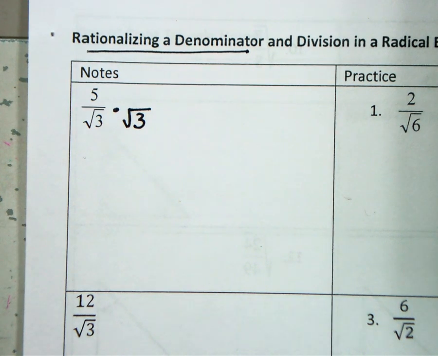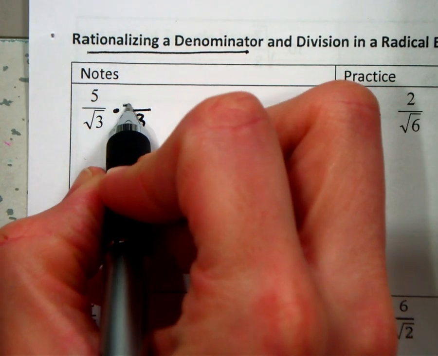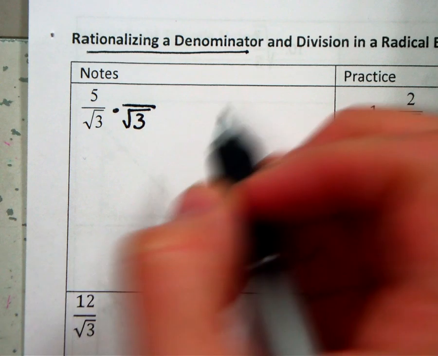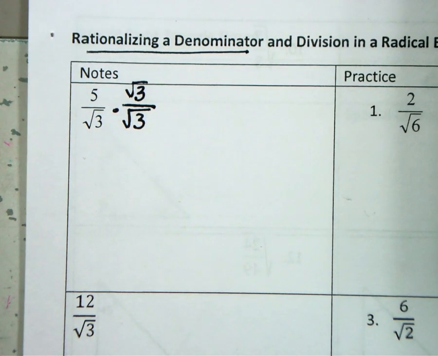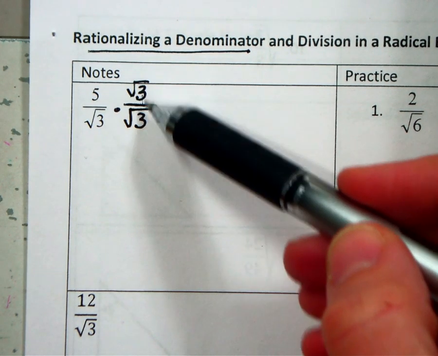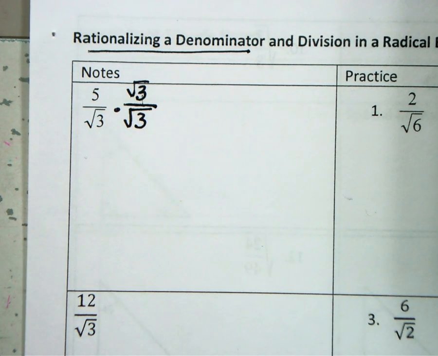But if you multiply something on the bottom, you can't leave out the top, right? So you also have to make sure you do it on the top. So really, am I changing the value of the number? No, because I'm actually just multiplying by 1. Radical 3 over radical 3 is just 1. So I'm not actually changing the value of the number. I'm just changing what it looks like.